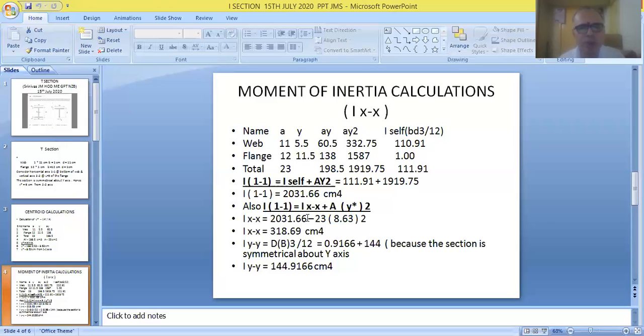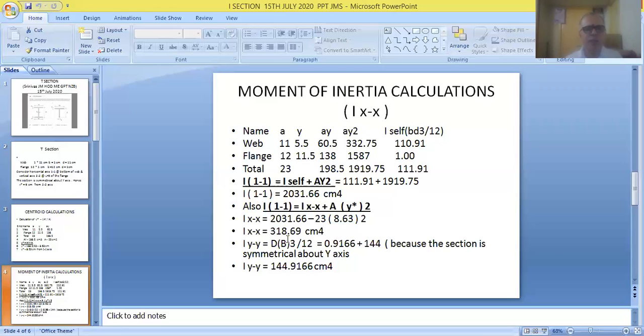Simply substitute the values of I11, sigma A, and Y bar in this particular equation. Easily you will be in a position to measure the value of IXX.